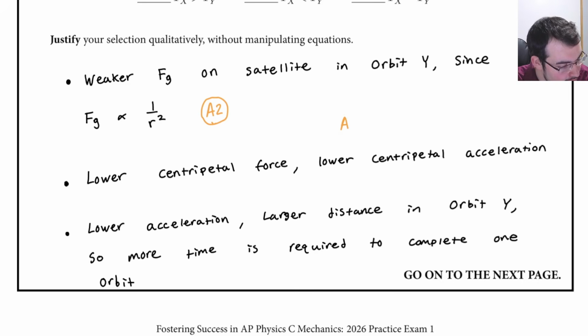For A3, I had you say two things. You either have to say that centripetal acceleration decreases or orbital speed decreases.